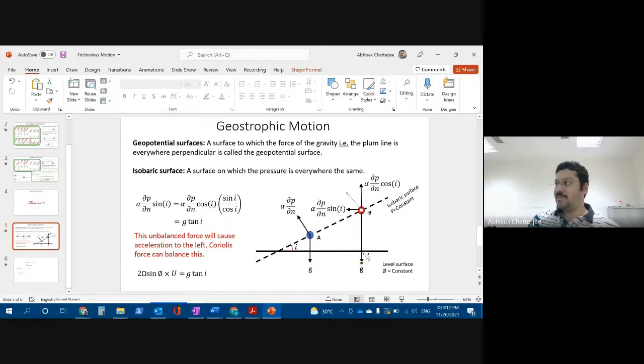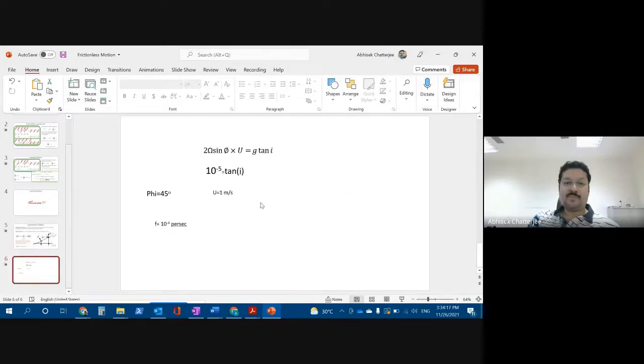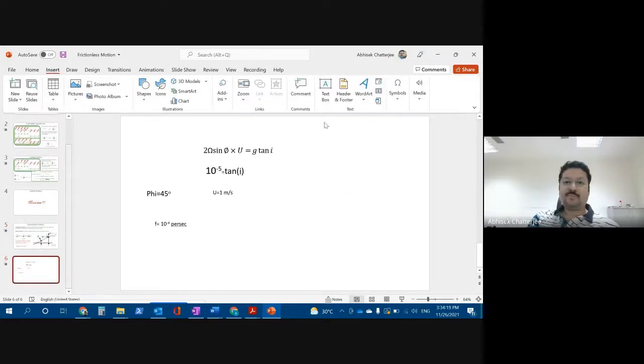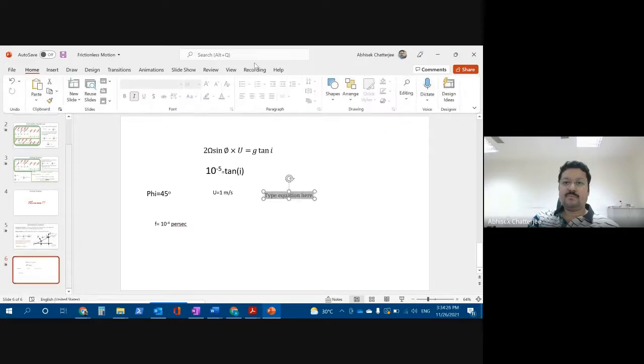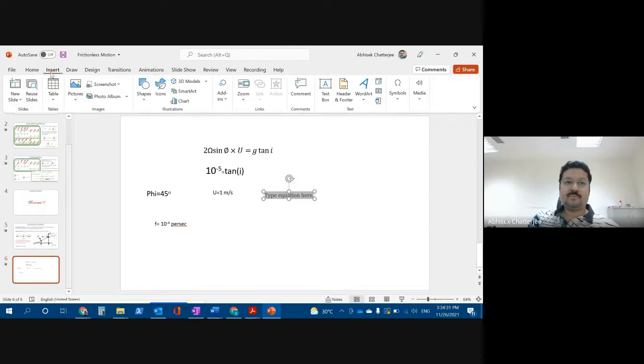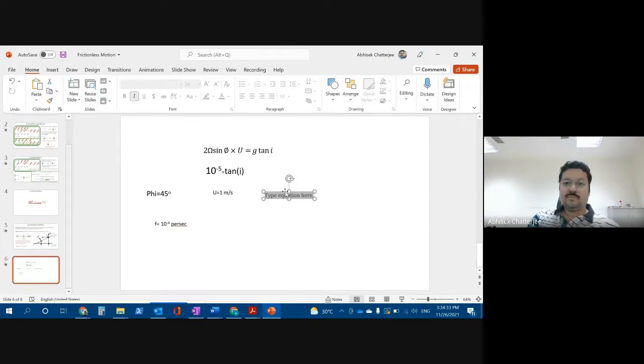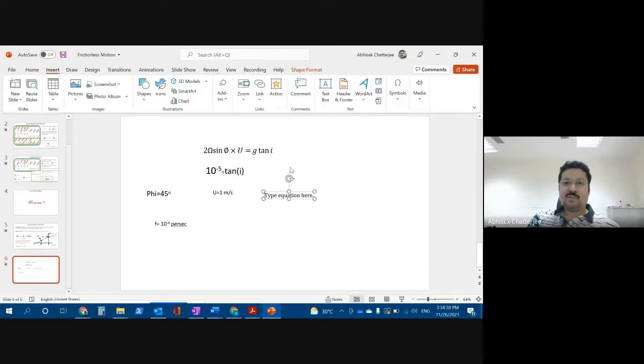AB is my this angle length and CD is my this length. Anyway, AB by CD equals to 10 to the power minus 5.